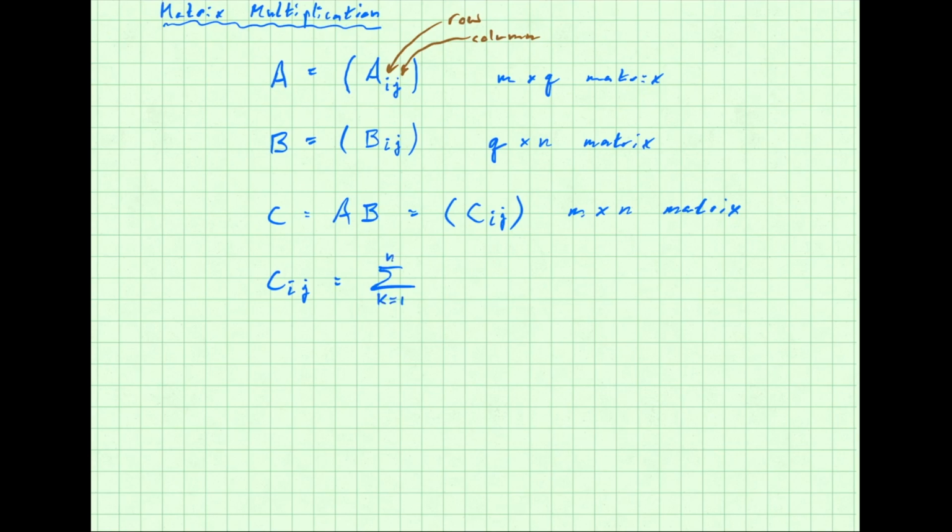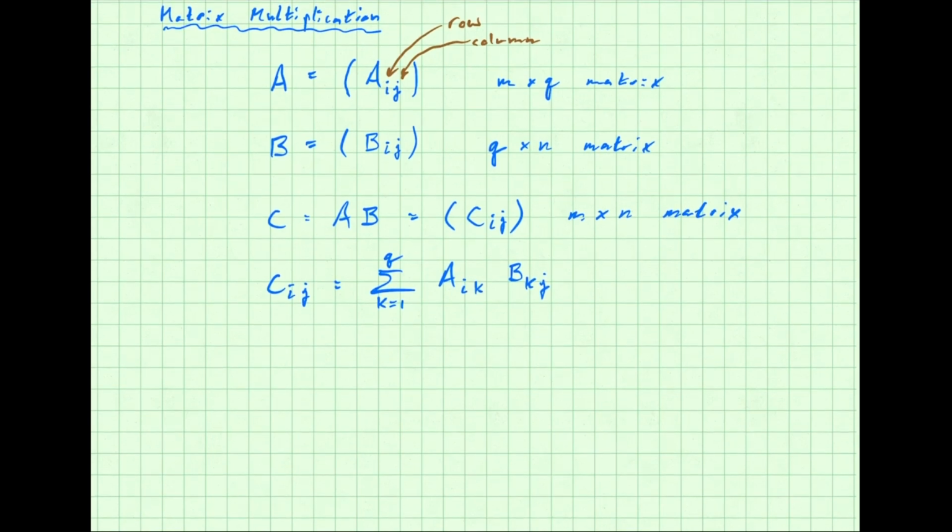It goes from 1 to, sorry, it should be q, of Aik times Bkj. Okay, so that's how you define matrix multiplication, or that's how we're going to define it.